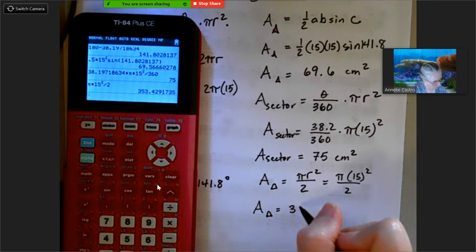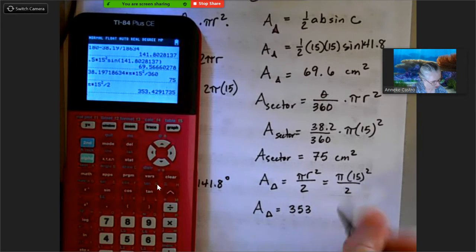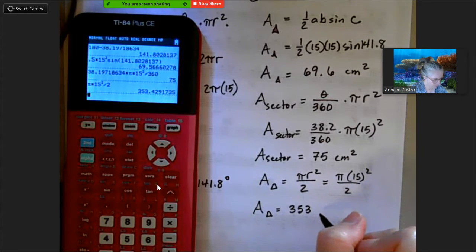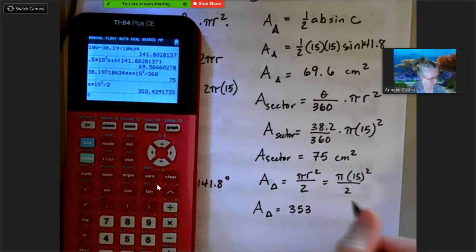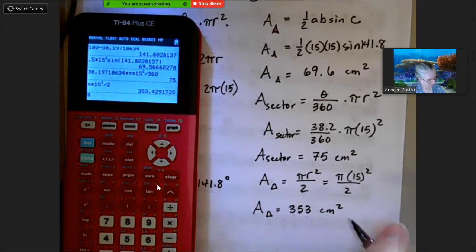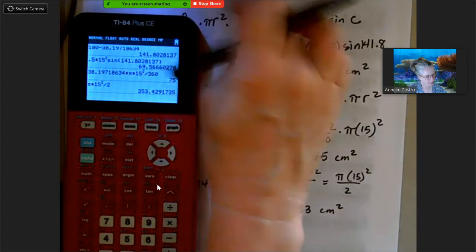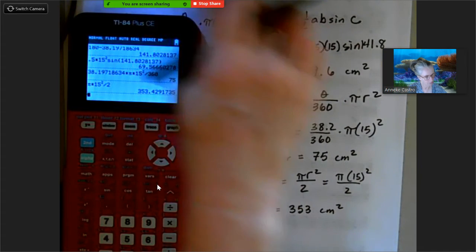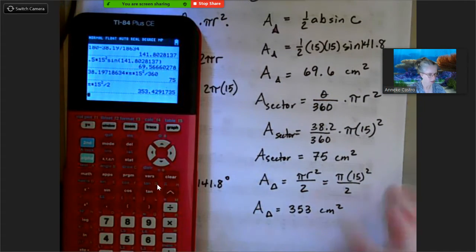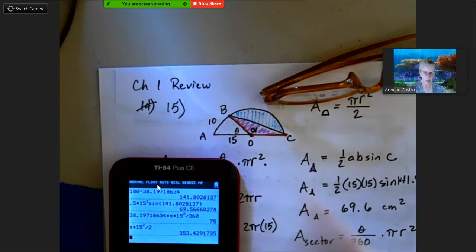Oops, I'm getting off the bottom of my paper here. 353, that would be 3 significant figures, but again, I'm going to keep the whole thing in my calculator. So centimeters squared. Now just that sector here, sorry, I don't even know what it's called, this blue area here, just the part that we want.